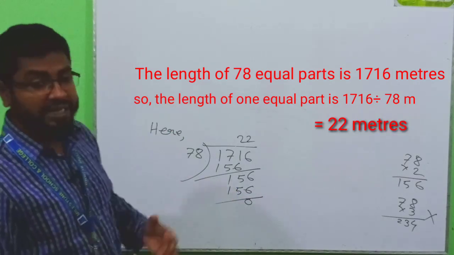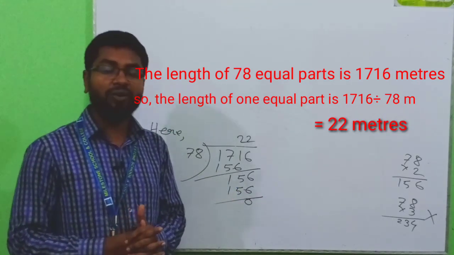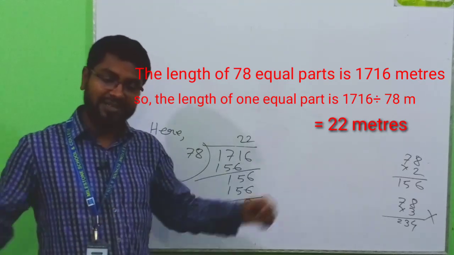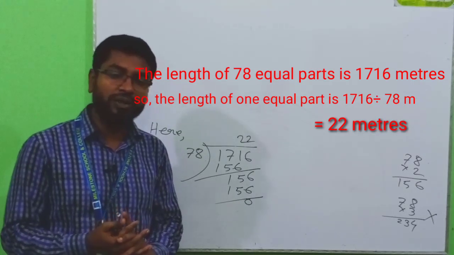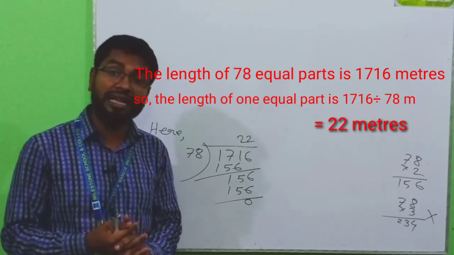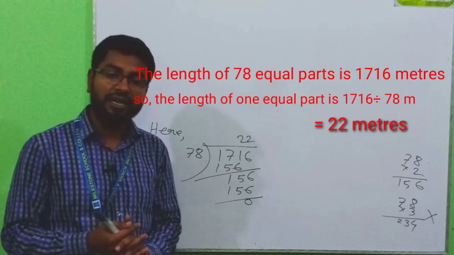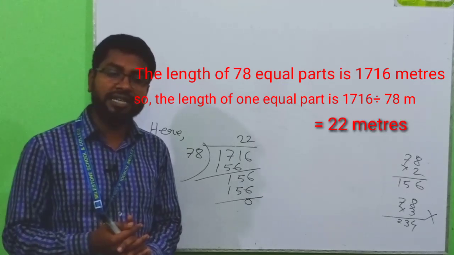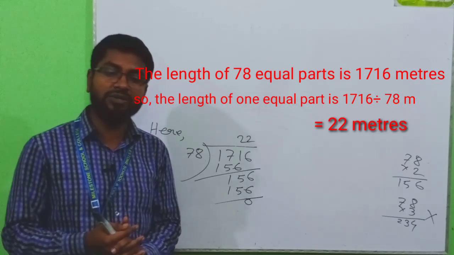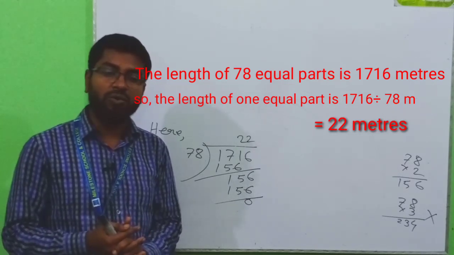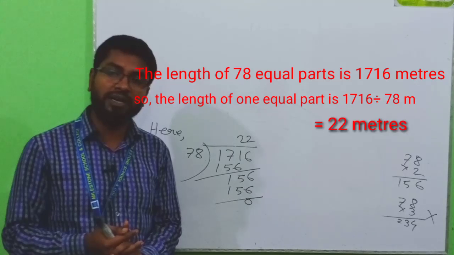So a wire, do you know wire? Yes, cable. A wire of length 1716 meters is divided into 78 equal parts. What is the length of each part?